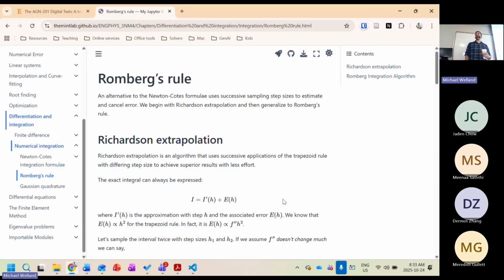Romberg's rule is actually kind of cool. This is what I would describe as the physicist's answer, and then Gaussian quadrature is going to be the mathematician's answer. Romberg's rule is an alternative to Newton-Cotes. The idea is that you take an interval and sample it successively at smaller and smaller step sizes. You can imagine the entire interval to be one step, then you subdivide that and do it in 2 parts, then subdivide again and do it in 4 parts, right?